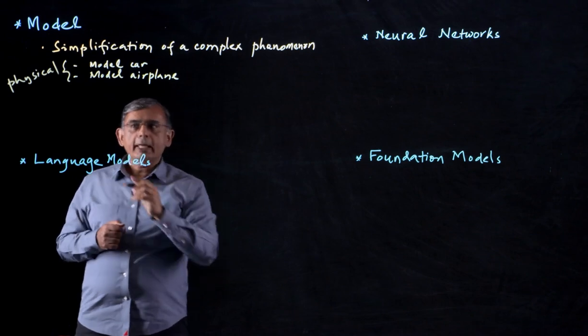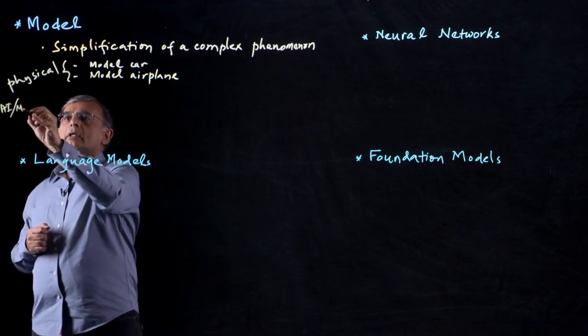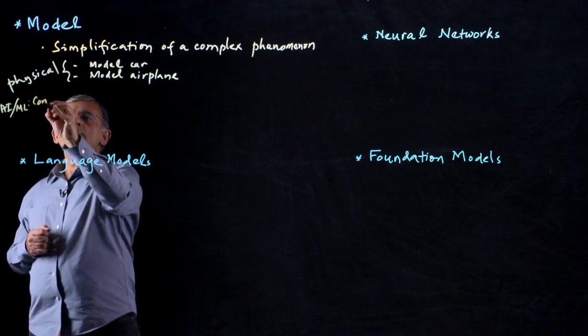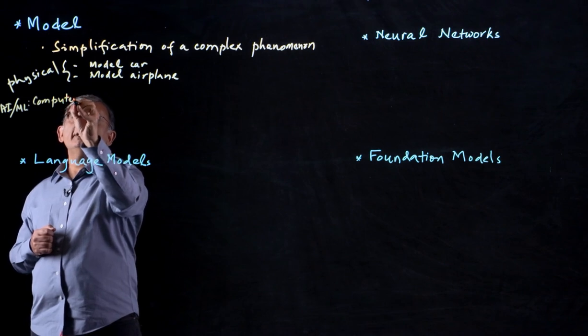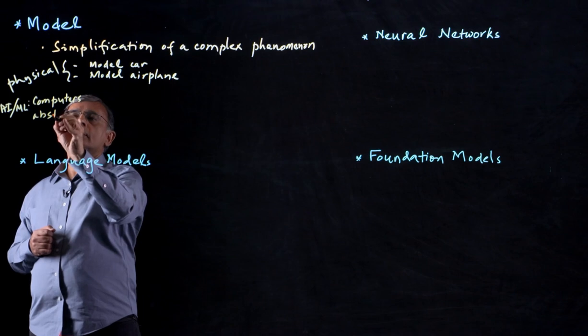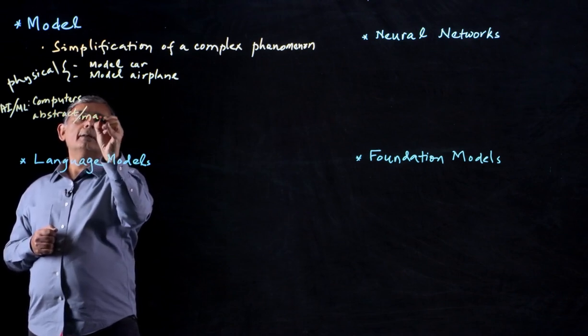When we talk about AI, machine learning as a category, discipline, we are typically talking computers. Those are the machines that we mention. And so we are more looking at abstract or mathematical models.